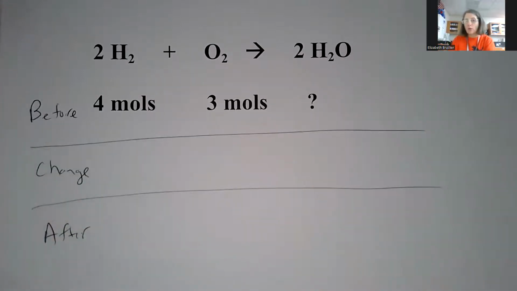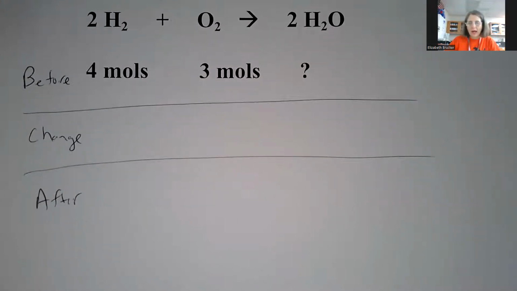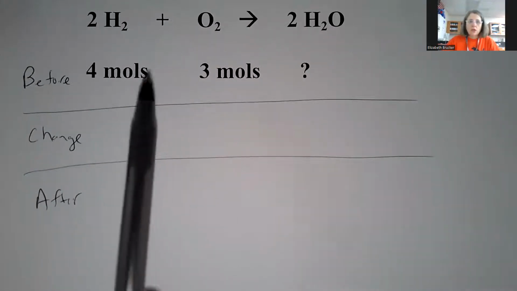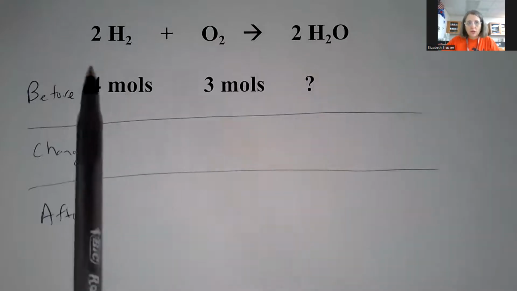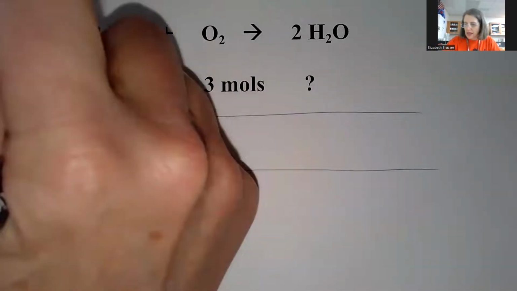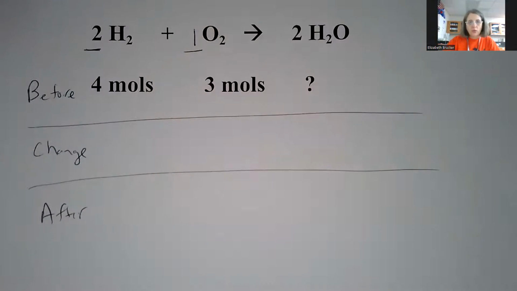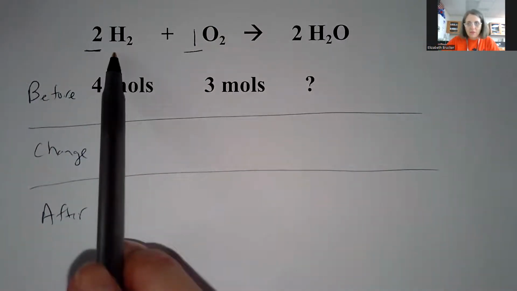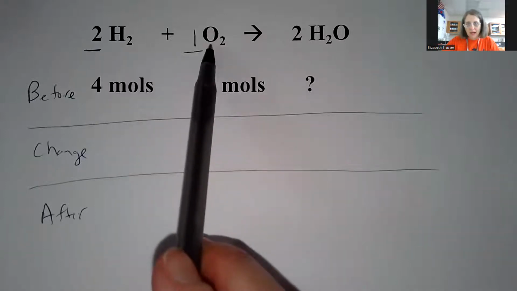It's just a way to organize the information so that we can find it when we're asked certain questions. So the first thing I want you to try to do is look at the recipe and see that I have a 2-to-1 relationship between the hydrogen and the oxygen. That means I need twice the amount of hydrogen as I do oxygen.